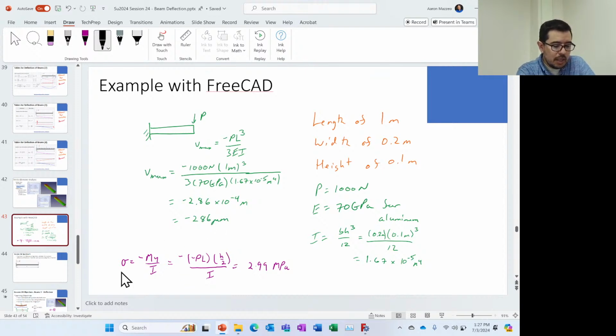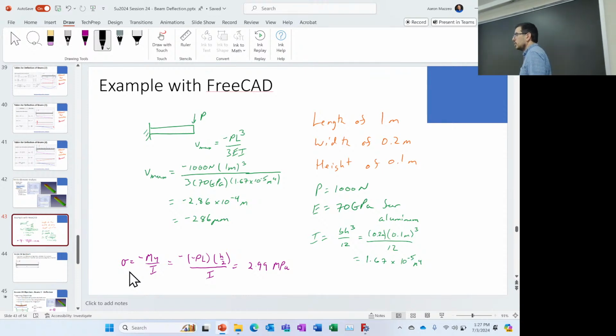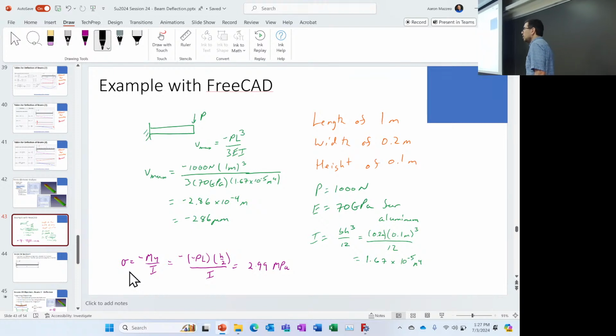Now, ideally, I've calculated out also a bending stress. Where would you calculate the bending stress on this beam if you're concerned about failure? Yes? The top or the bottom? Yeah, the top or the bottom, and more specifically, Andrew, where more specifically?